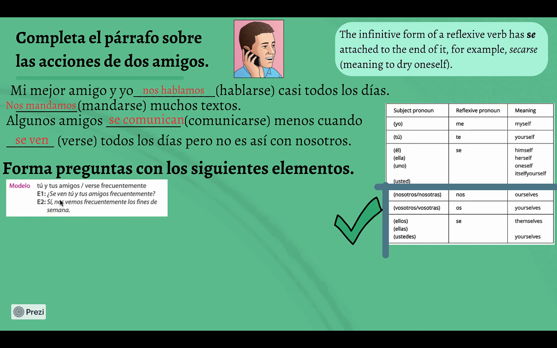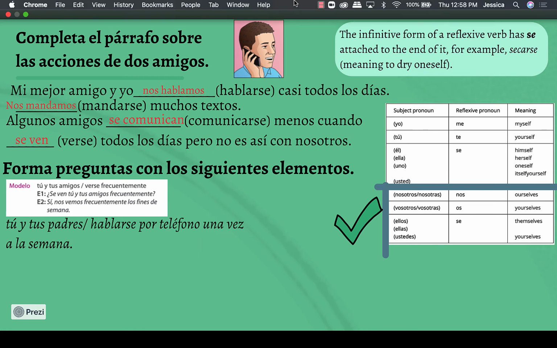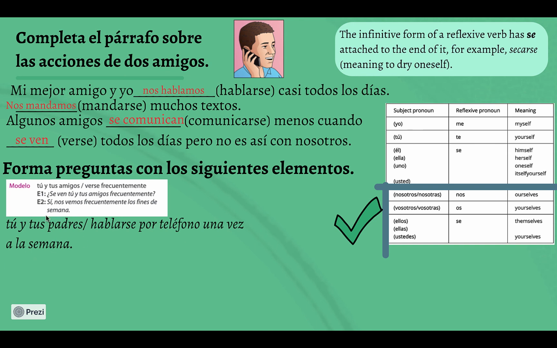So estudiante 1 will create a question. ¿Se ven tú y tus amigos frecuentemente? Sí, nos vemos frecuentemente los fines de semana. Okay, so here's your prompt and see if you can come up with a question and an answer.